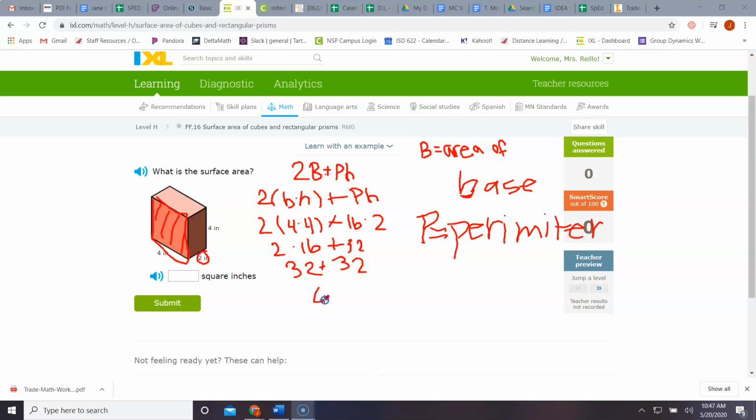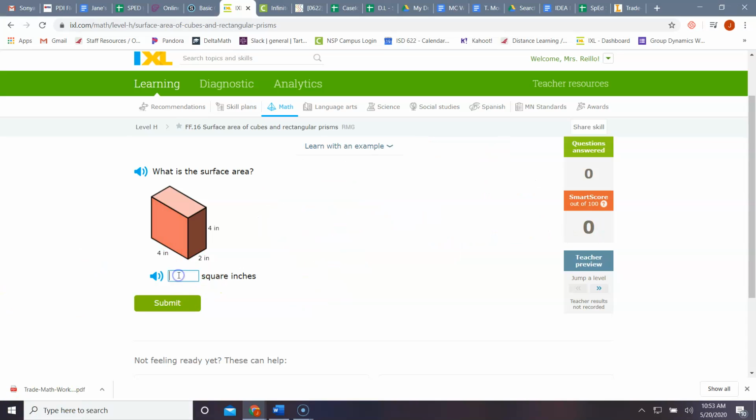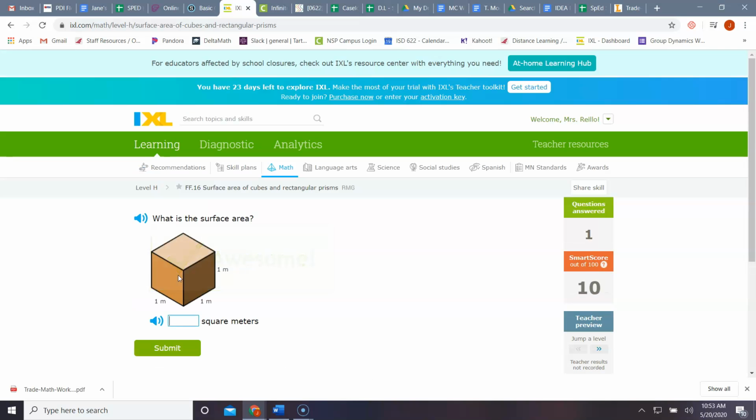And that will give us an area that equals 64. All right, so you can see we did that one correct.